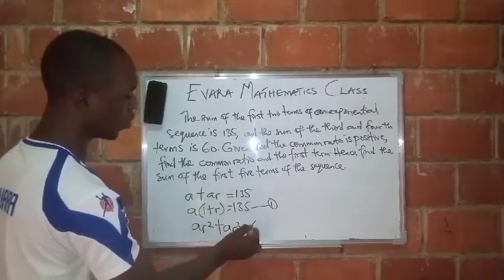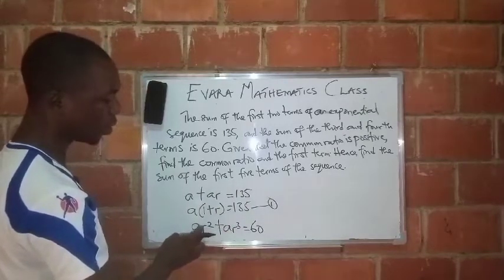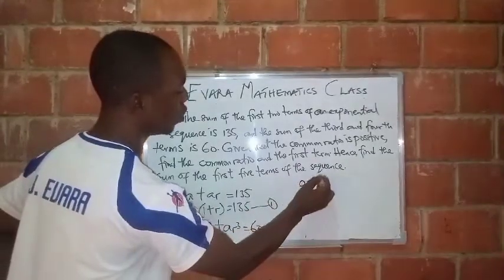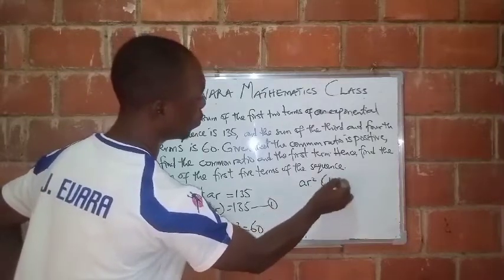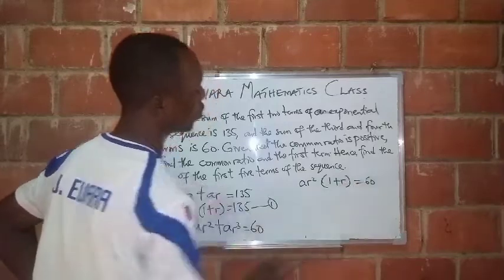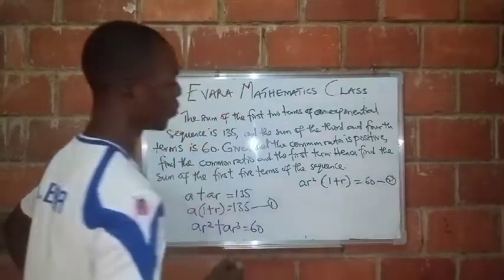We're told that is equal to 60. So if you also factorize this, AR squared can be factorized out here. We have AR squared in brackets, 1 plus R, equals 60. So we are taking this as our equation 2.